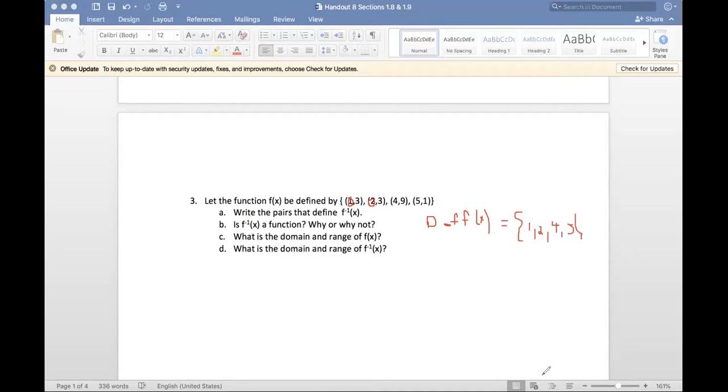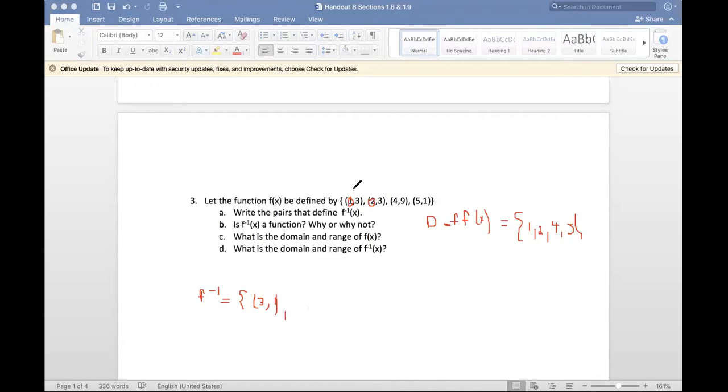Okay, I think we were overcomplicating it. I'm good at that myself. Can you explain how to do A? Sure. Basically the inverse is you just reverse everything. A function is a set of points, a set of pairs, so the inverse is going to be 3, 1 instead of 1, 3, and you do that for all the other ones.